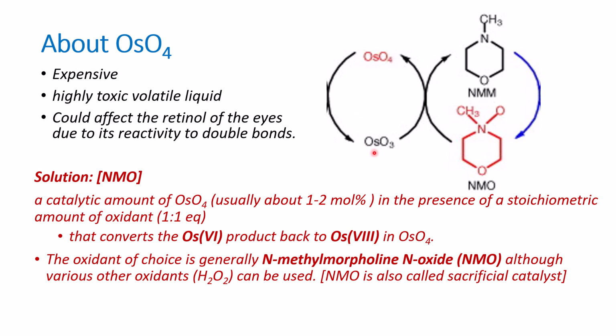That is, here osmium is in the +6 oxidation state, so it is converted to the +8 state. This conversion is mediated by NMO, and that is the reason why the addition of this reagent is very important. In the absence of this reagent, we will have to take equimolar quantities of osmium tetroxide because it will be used up in the reaction.